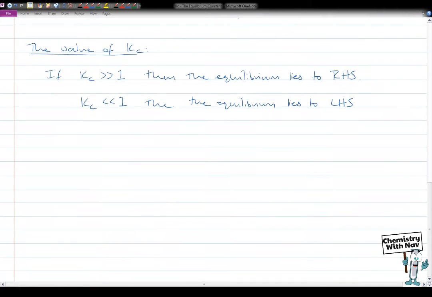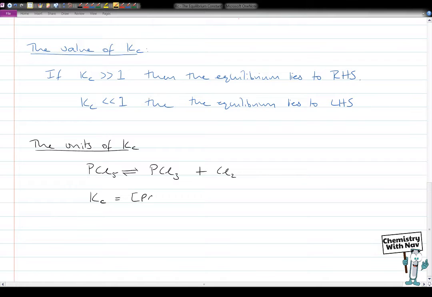If we now just look at the units of Kc, the units depend upon the exact equilibrium that you are looking at. So here if we have PCl5 going to PCl3 and Cl2, our Kc expression is given by the concentration of PCl3, so the square brackets is concentration, multiplied by the concentration of Cl2 all over the concentration of PCl5.